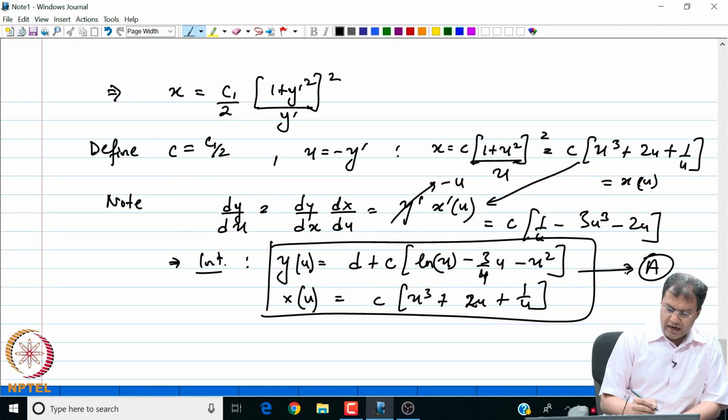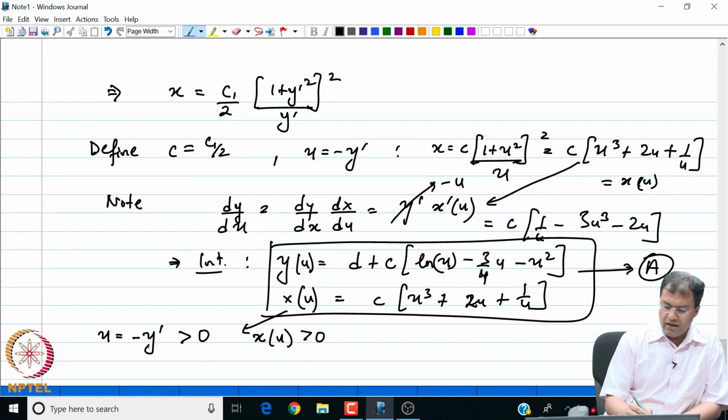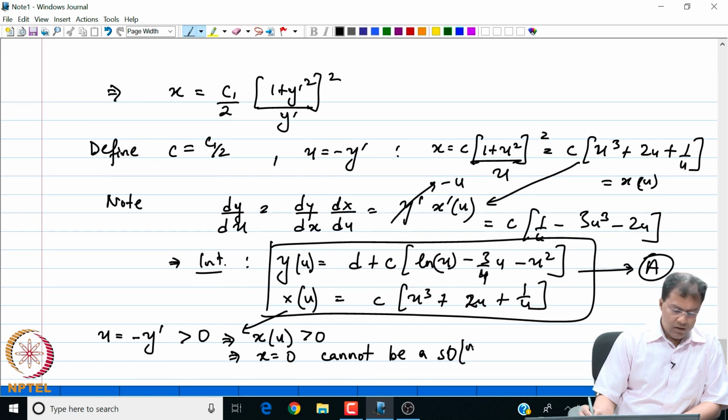Now notice that u is negative y prime, and since y prime is decreasing, u will always be positive. From this condition, I can immediately deduce that x of u will always be positive, the way u is chosen. Which means that x equal to 0 cannot be a solution to my Euler-Lagrange equation.